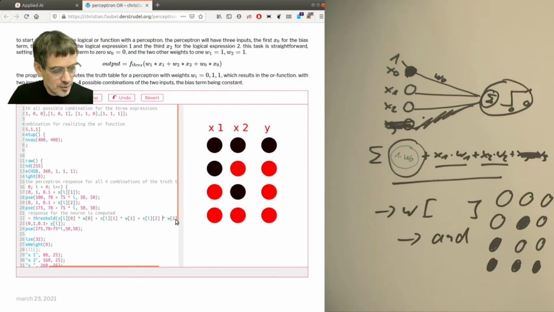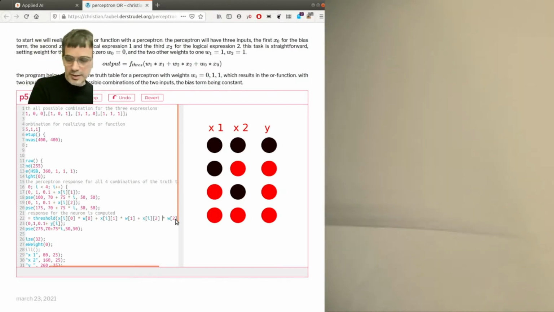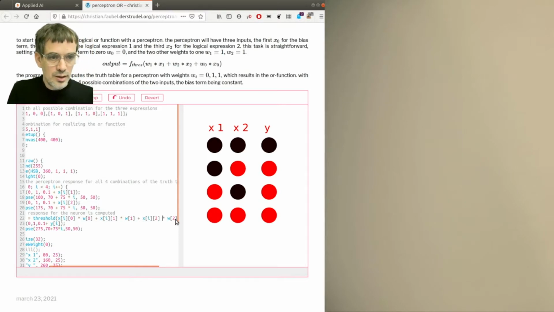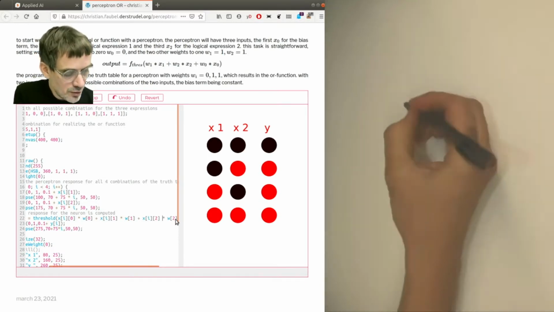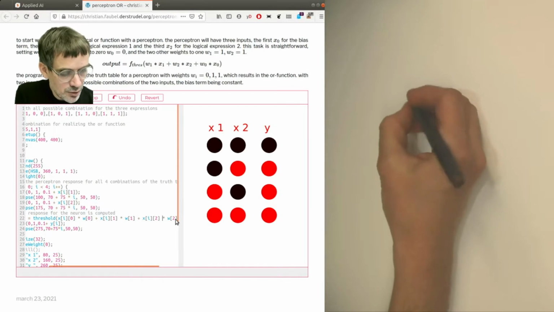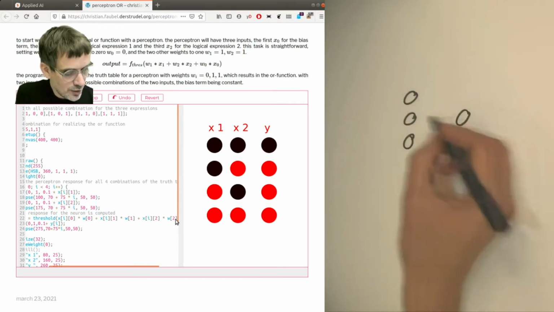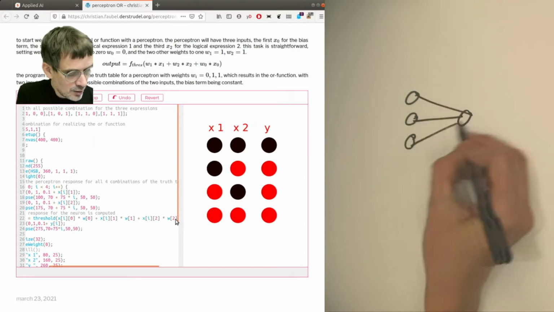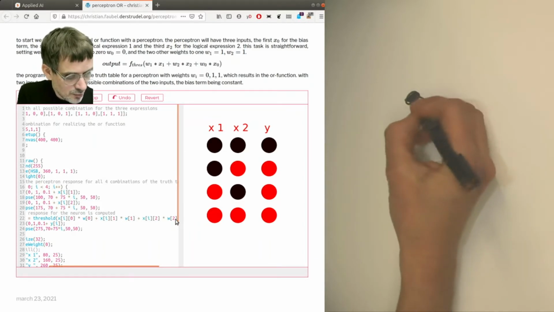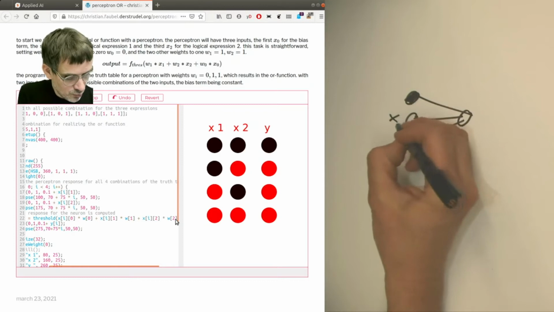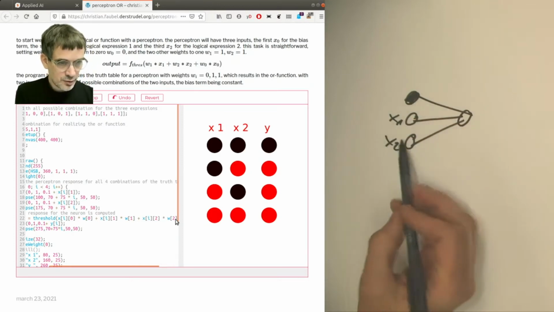There's another exercise I want to quickly explain. What I would like you to do is expand. The network realized here is a network with one output node, with the bias term, x1 and x2.